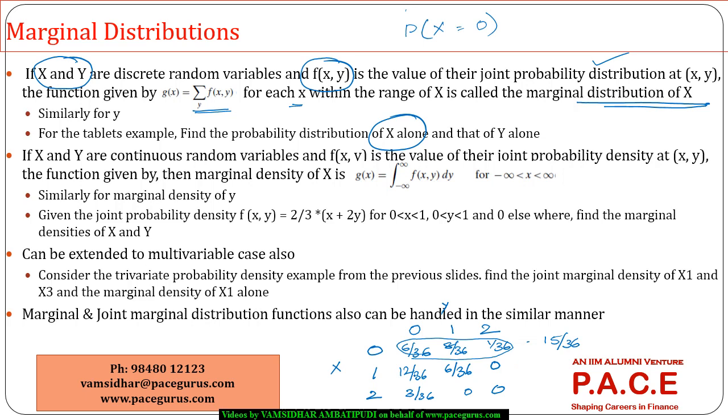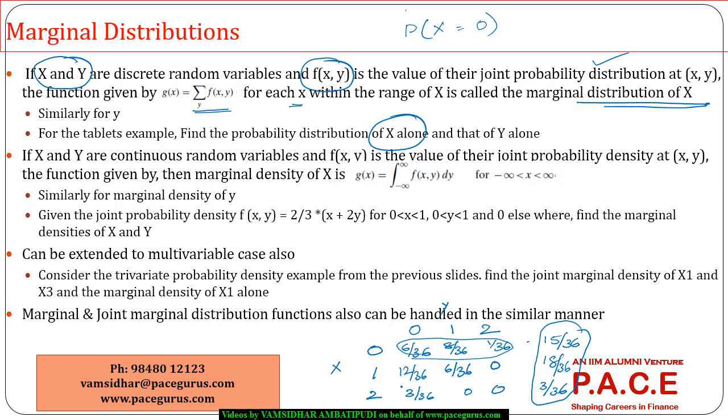Then for x equal to 1, it is 18 by 36. And for x equal to 2, it is 3 by 36. So these are the marginal distributions associated with x. I can find out the marginal distribution of x, wherein for x equal to 0, the probability is 15 by 36, because I am adding across all the y's for a particular value of x.